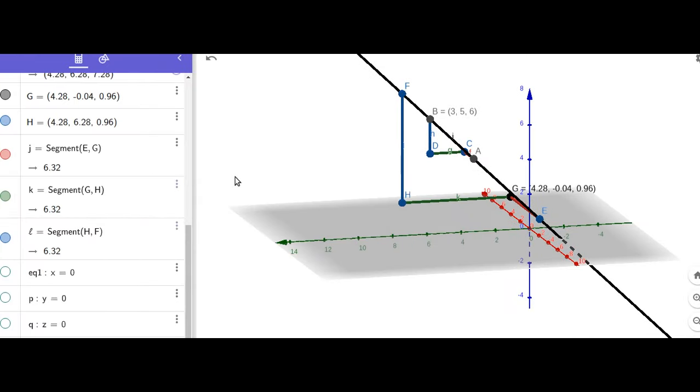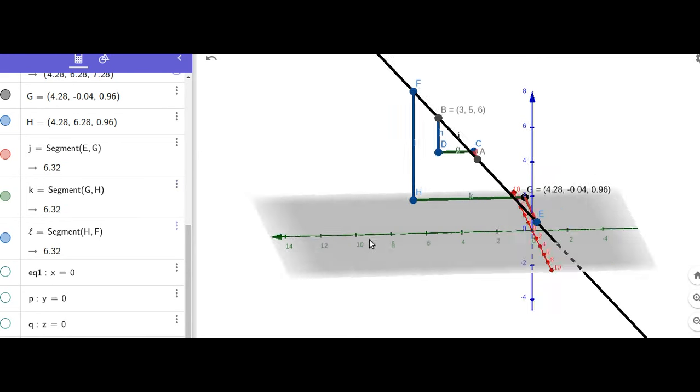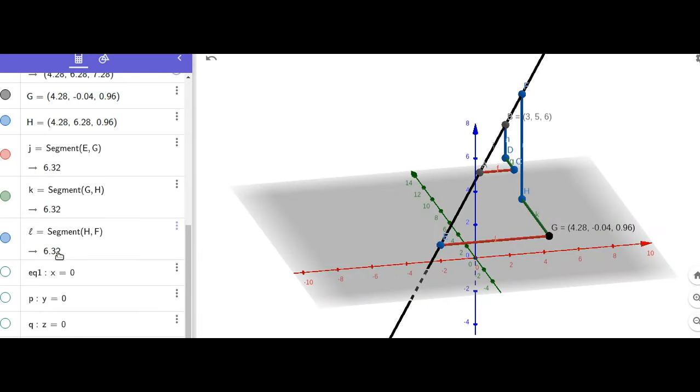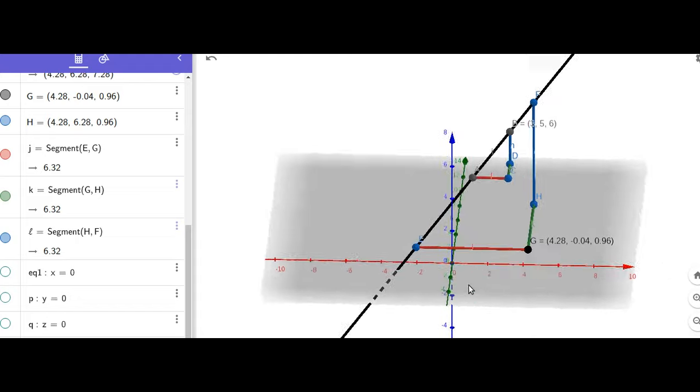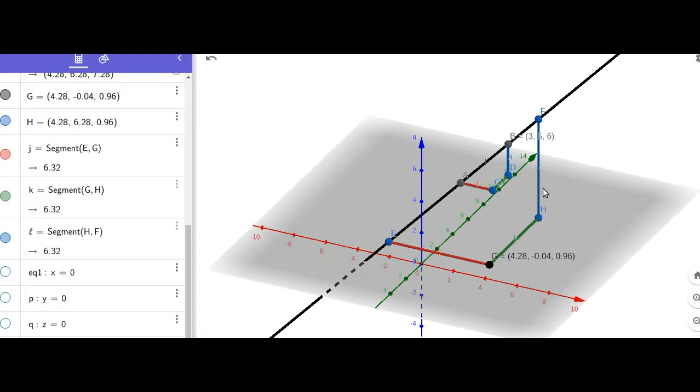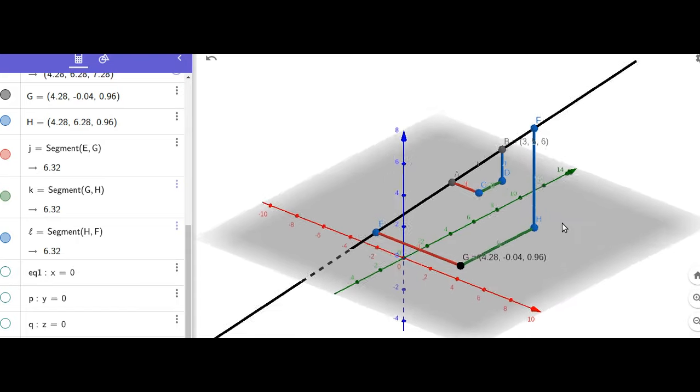Look, I have measured the length of the segments. You can see that the bigger segments are of length 6.32, 6.32, 6.32, and the measurement is very easy. X2 minus x1, y2 minus y1, z2 minus z1. That will be the length.